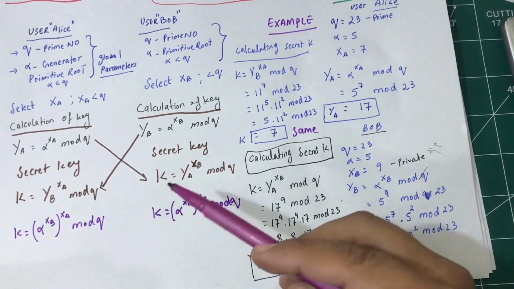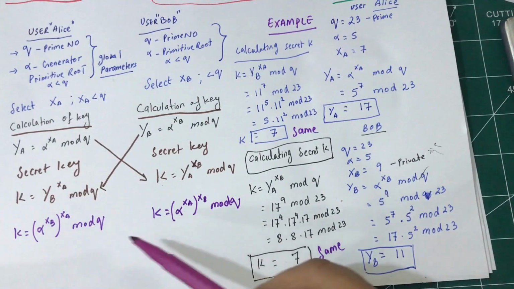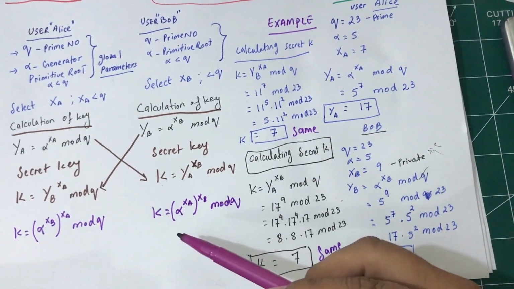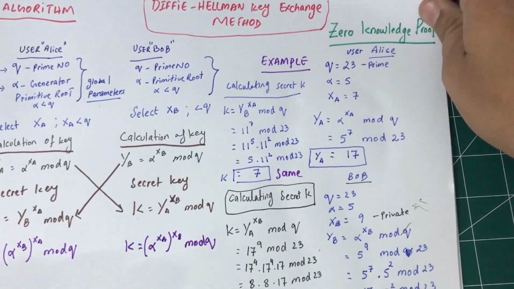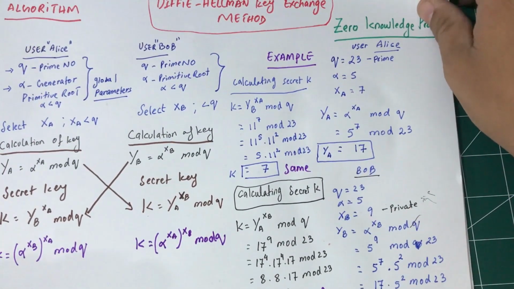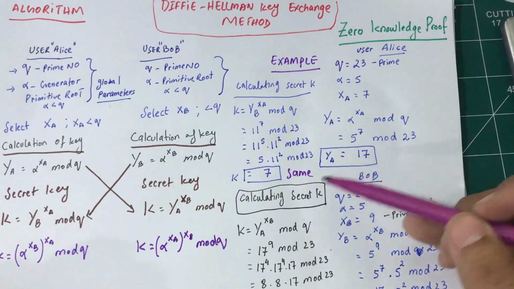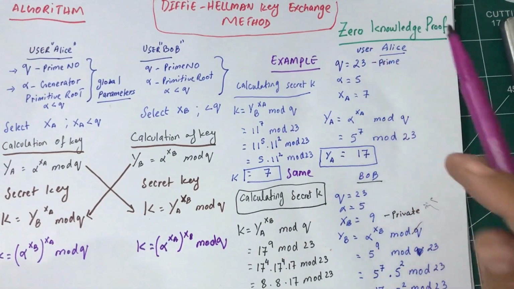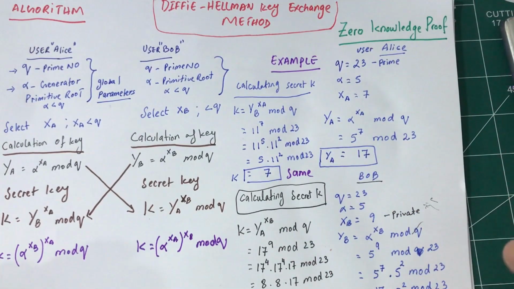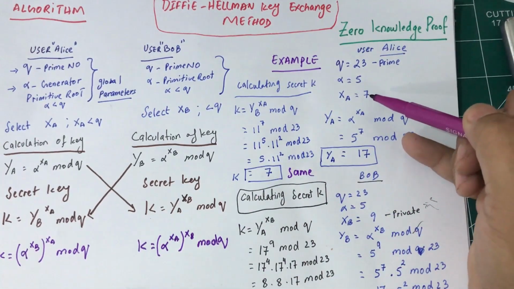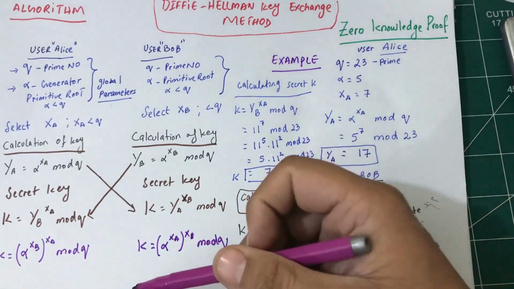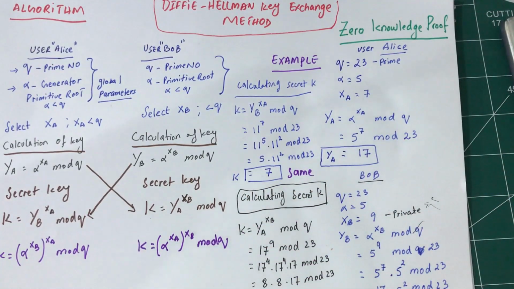Now, when you look at these keys with respect to this, aren't they exactly the same? Isn't that amazing? Now, check this out. This is why we said it's a zero knowledge proof in the beginning. Zero knowledge proof means that without telling each other their private parameter, both parties were able to calculate a secret key which they can use to start their communication.